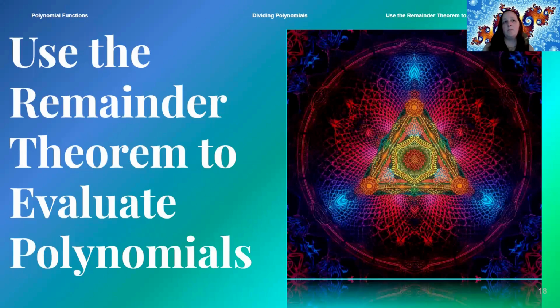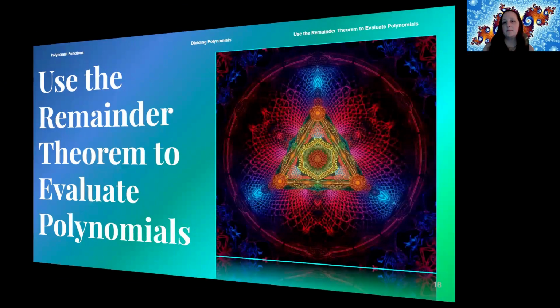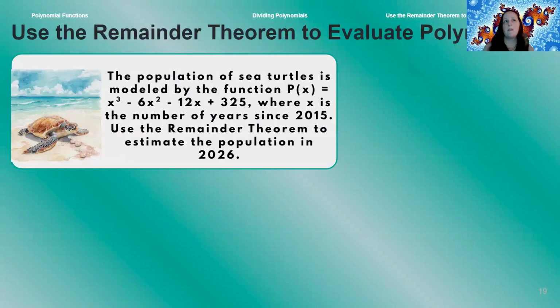Use the remainder theorem to evaluate polynomials. The population of sea turtles is modeled by the function p of x equals x cubed minus 6x squared minus 12x plus 325, where x is the number of years since 2015. I want to use the remainder theorem to estimate the population in 2026.